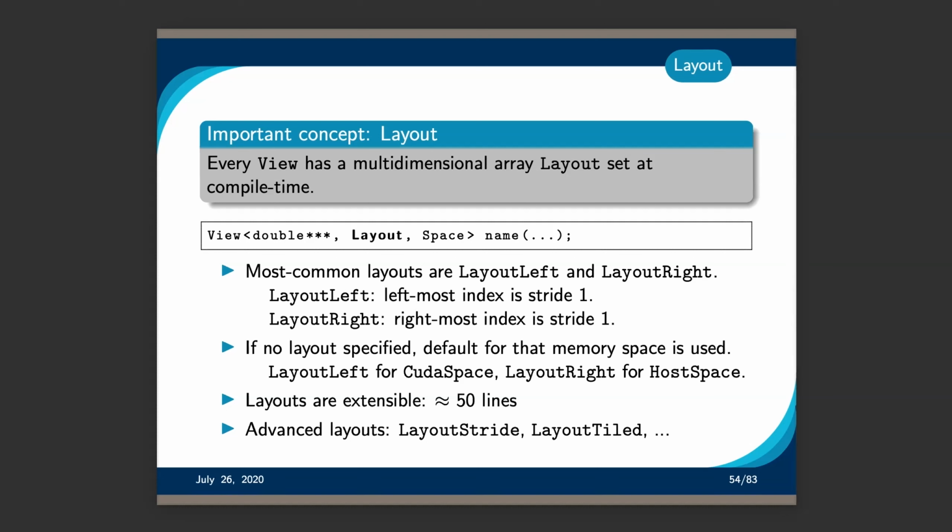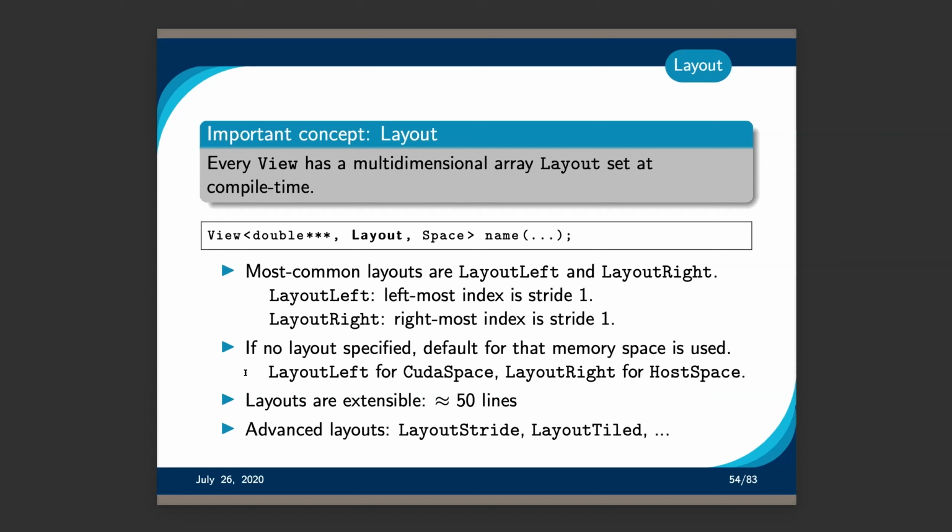What you do with that parameter is you use that as an additional parameter to your view. And if you provide that layout parameter, it comes before the space argument if you have both. The most common are, as said, layout left and layout right. If you do not specify a layout, then we choose a layout which is deduced from the execution space of the memory space you're using.